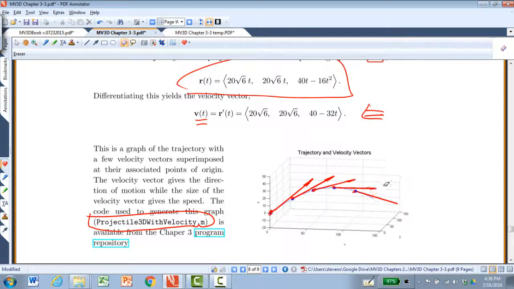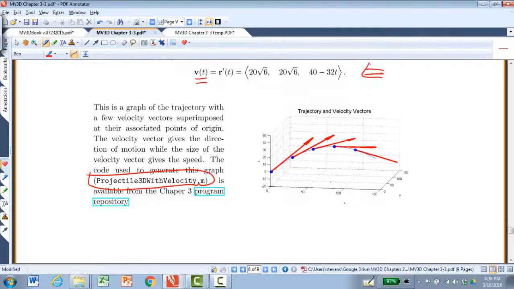And what you can see is that indeed these velocity vectors do in fact appear to be tangent to the position. Right? So it is true that it is sort of our recollection from one-dimensional calculus where you do get a tangent.